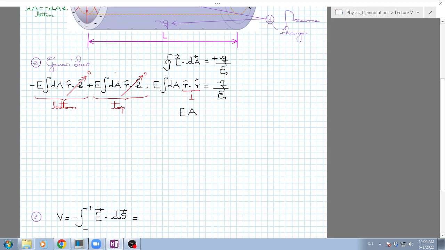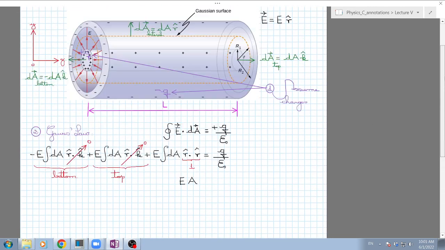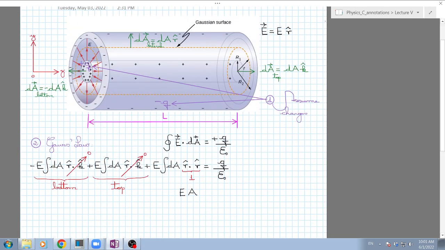My Gaussian surface is in orange here, a cylindrical Gaussian surface.